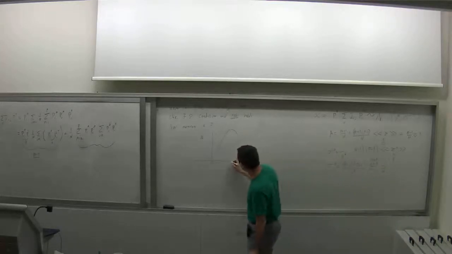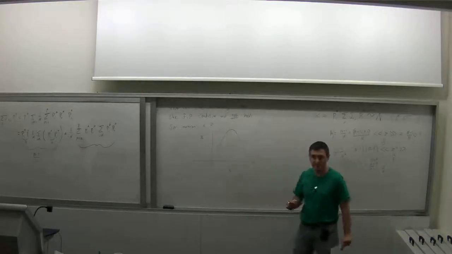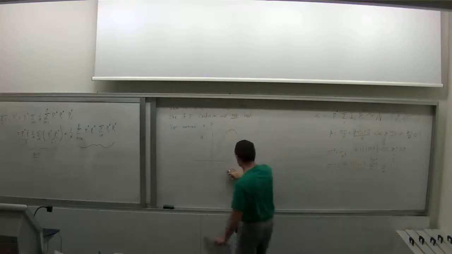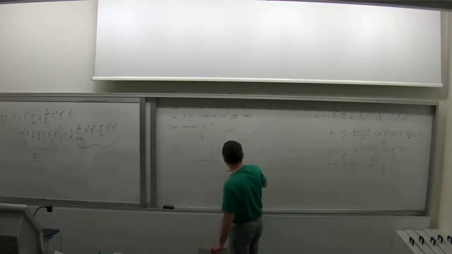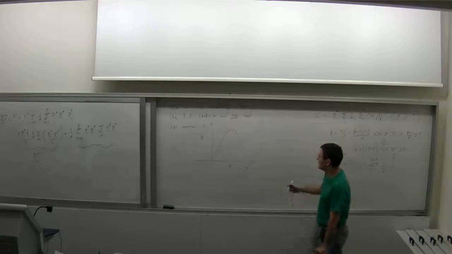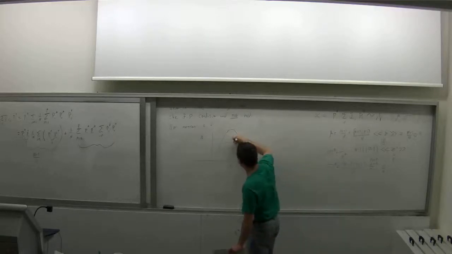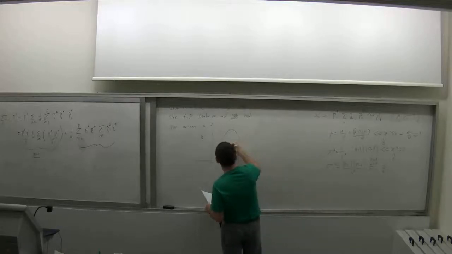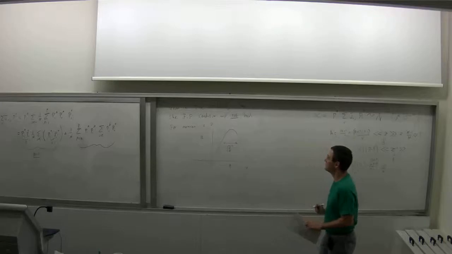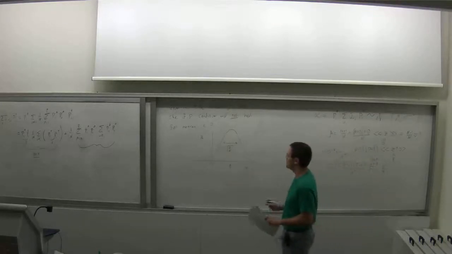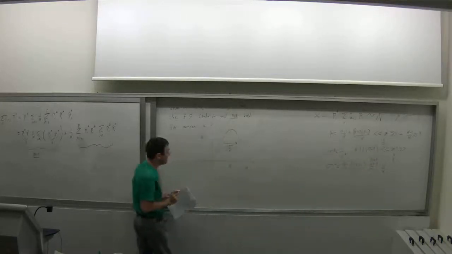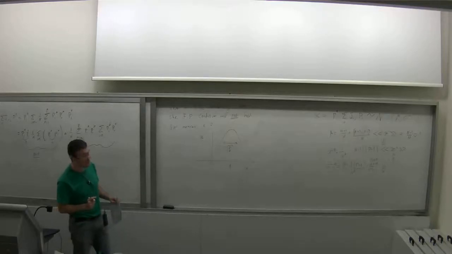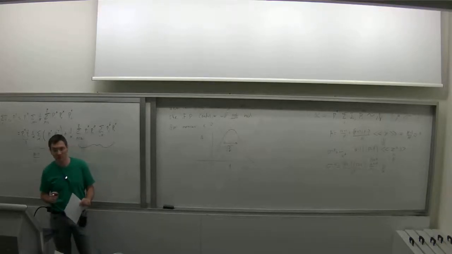What's this value here? 1. What's the width? The width is approximately the square root of p over n. So what's the probability that a fixed point condition will not hold?